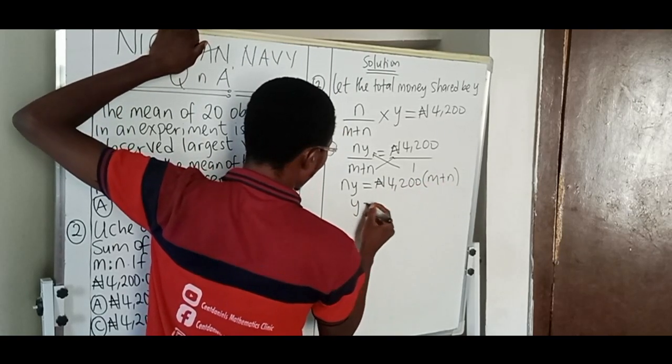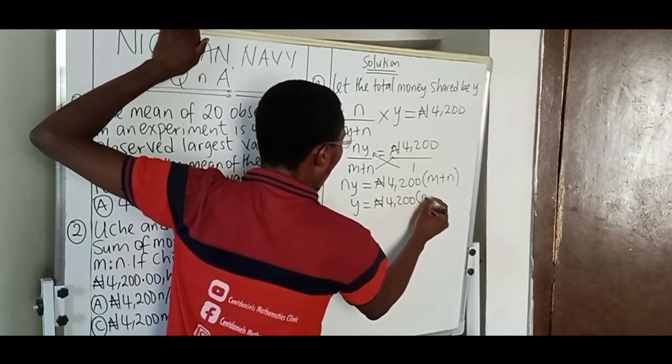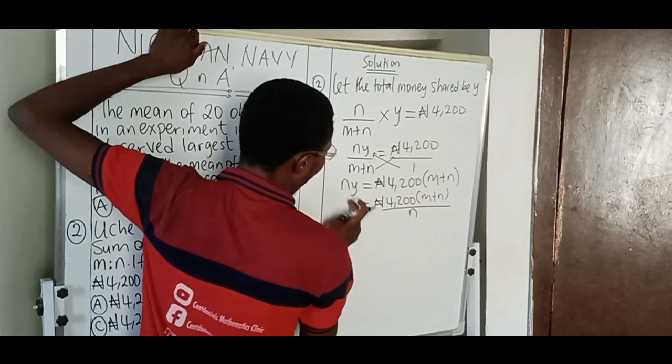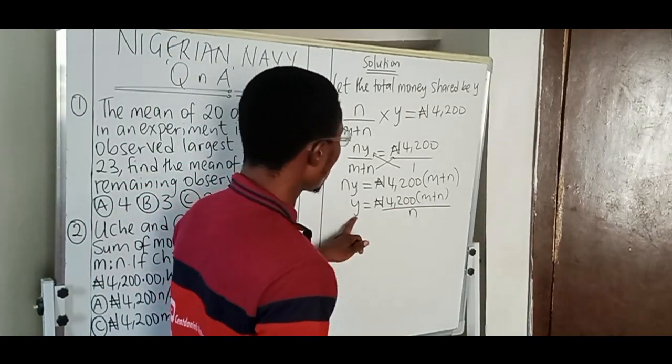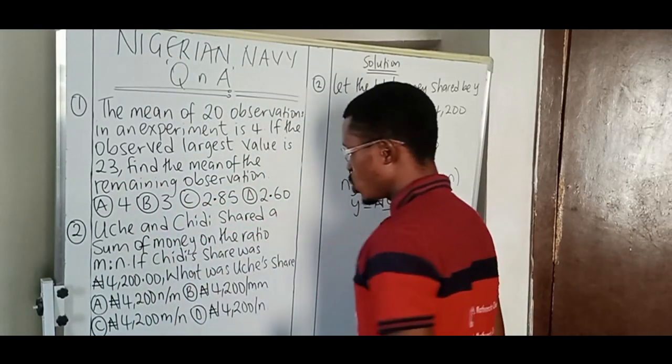So your Y now is 4,200 M plus N over N. Divide both sides by N so that we get our Y. So this is the total amount shared. Now, what is Uche's share?